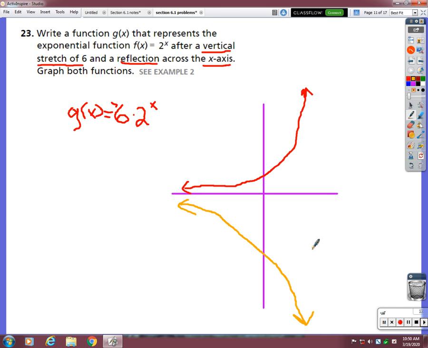So this guy right here is g of x. And this little fellow right here is f of x. Okay, good stuff.